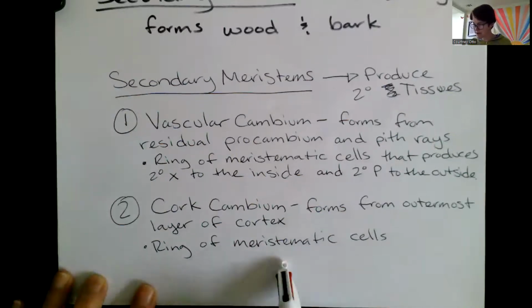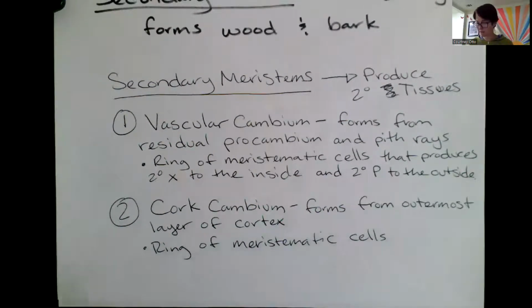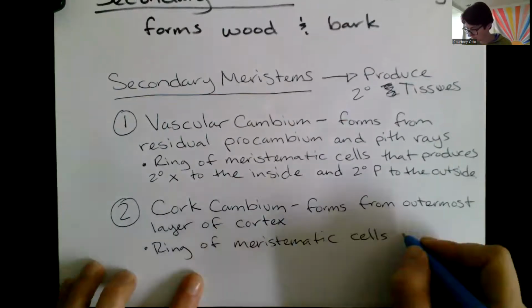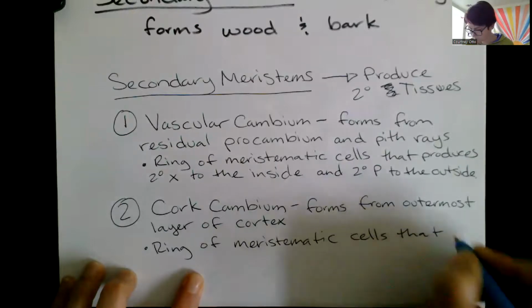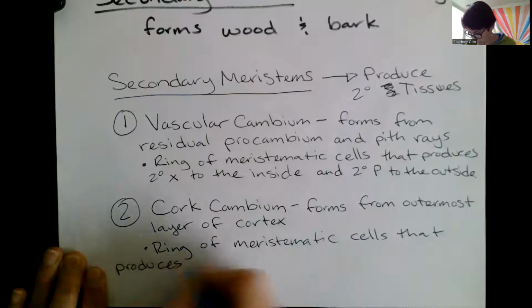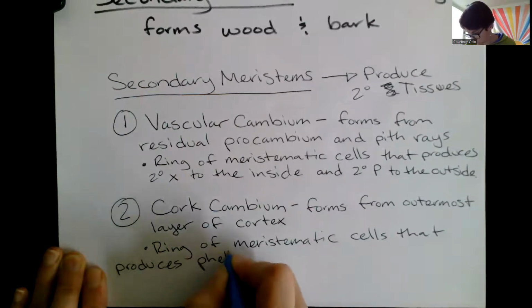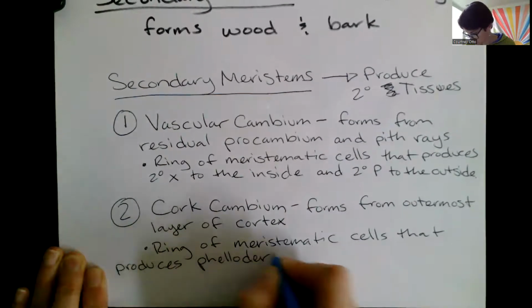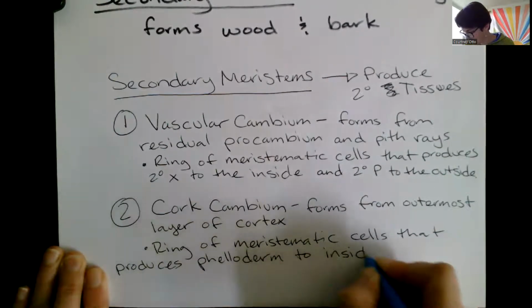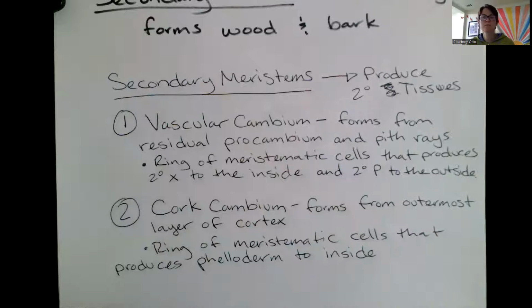When the ring of meristematic cells divides to the inside, that's going to produce something called phelloderm. Now, phelloderm isn't something that we've seen before, not like we've seen xylem and phloem, right? Secondary xylem and secondary phloem are going to function just like primary xylem and primary phloem. They're going to do exactly what you'd expect.